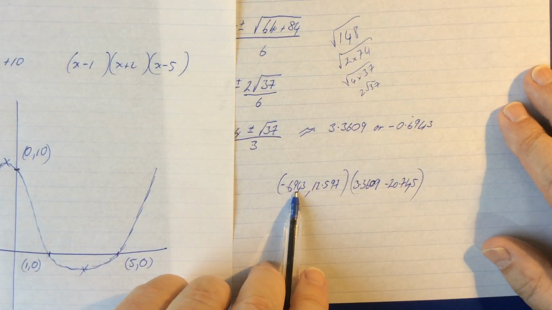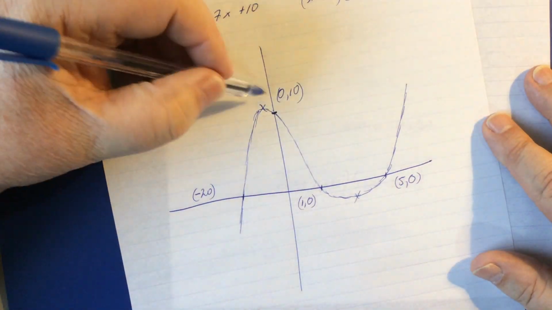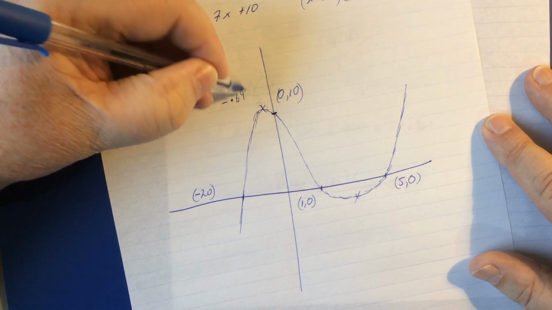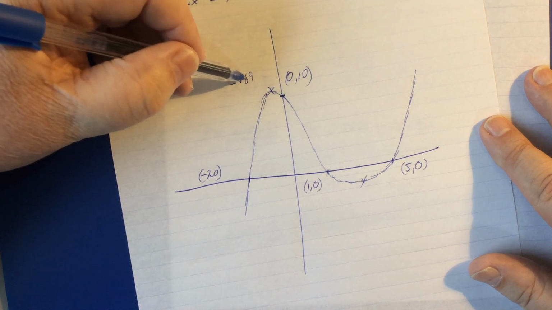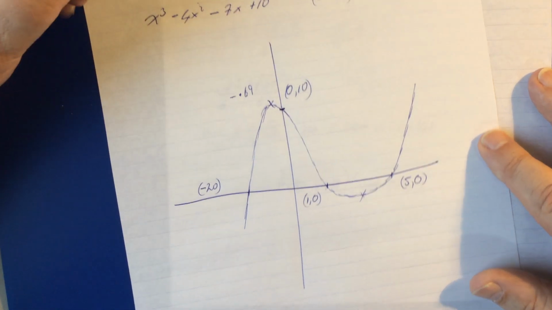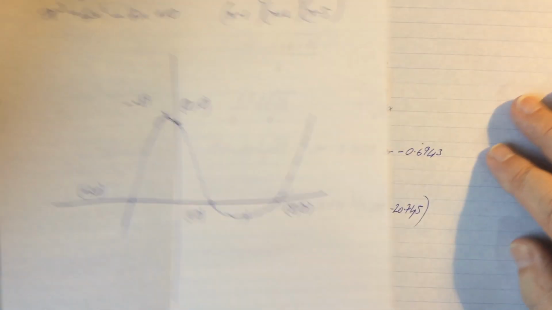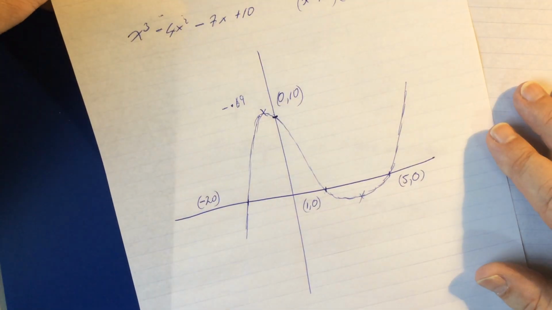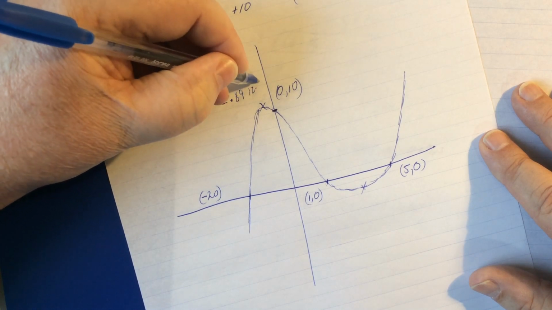What you can see here is that one of them is at negative 0.69, so I'll just pop that in here, negative 0.69 we'll say, we'll do it to 2 decimal places. Now when I place that value into this equation, I get 12.6.